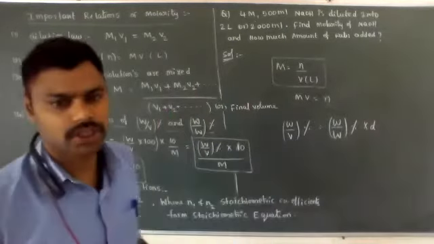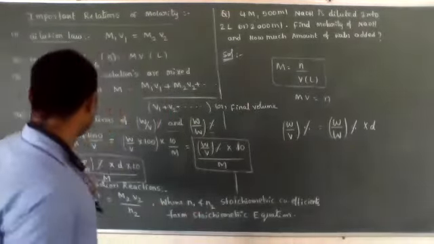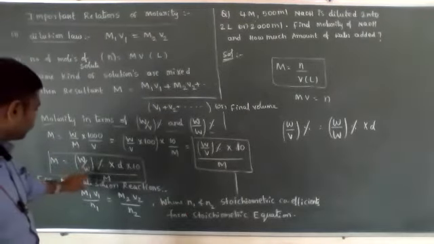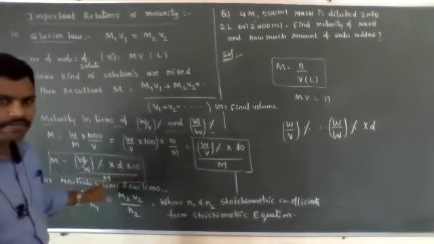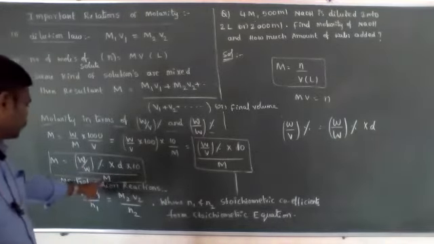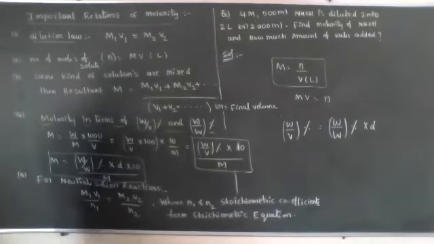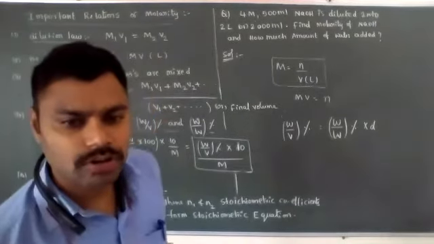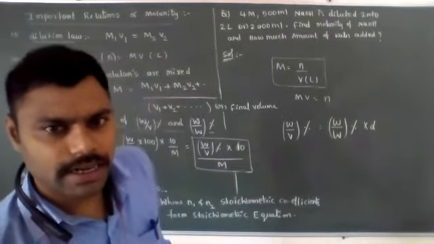Then we get the same formula: molarity is equal to weight by weight percentage into density into 10 by gram molecular weight.